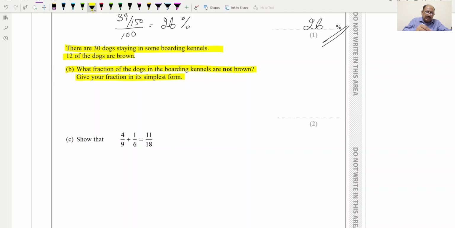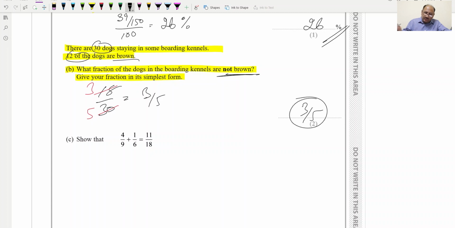So we'll be taking it as 18 out of what? 30 dogs are this one. 12 of them are brown, but we are checking for not brown. So 18 will be not brown out of 30. This one we can simplify with 6. 6 threes are 18 and 6 fives are 30. So our answer will be 3 by 5, for 2 marks.